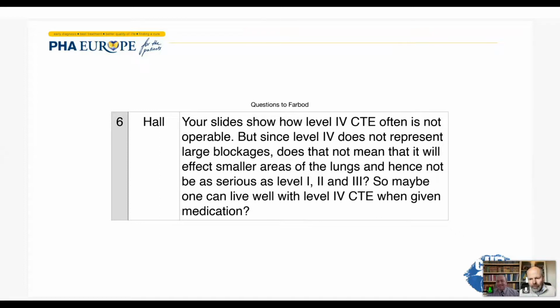So there's sort of a bias towards the fact that by the time you come to us complaining of shortness of breath, and we've done a right heart cath and you have pulmonary hypertension, and we've done imaging and you have evidence of CTEPH, you are not one of those people whose area is only smallly affected. So, we don't really know whether we're seeing a tip of an iceberg, only people who have severe disease, or if, just like scars on your skin, people have this kind of disease in their lung, but if it only involves a patch, then no one knows about it.